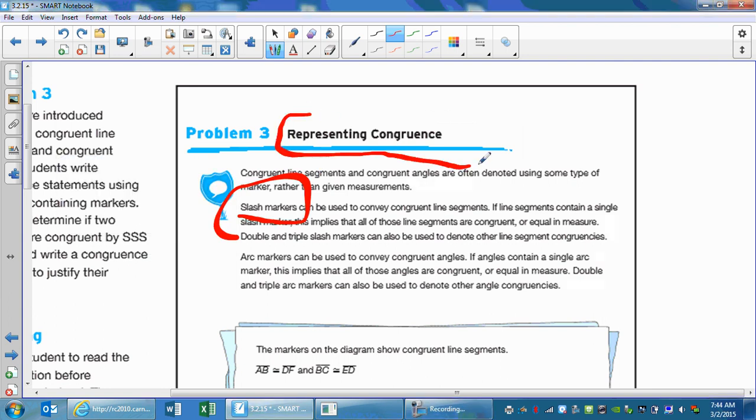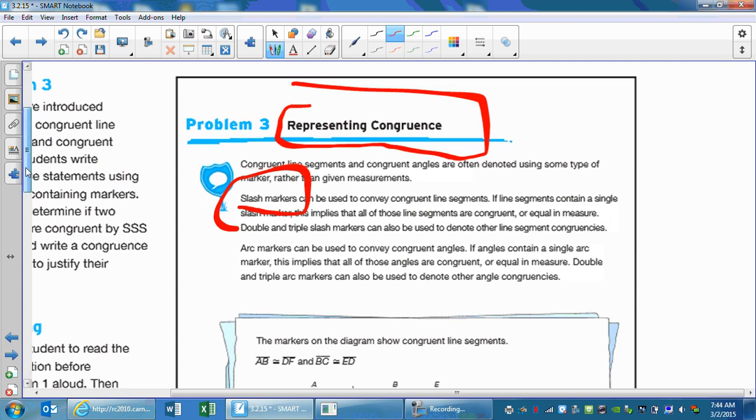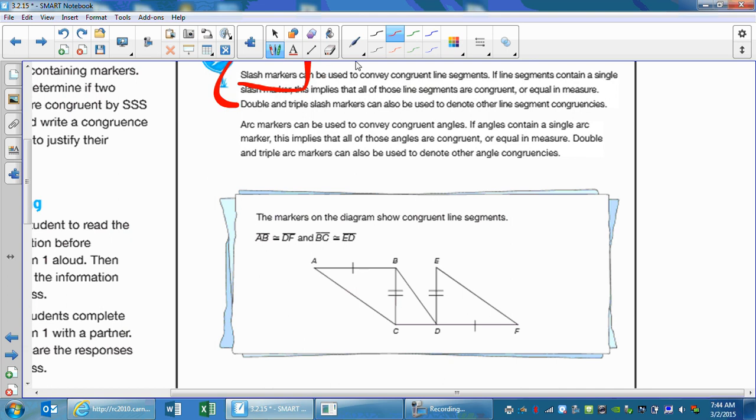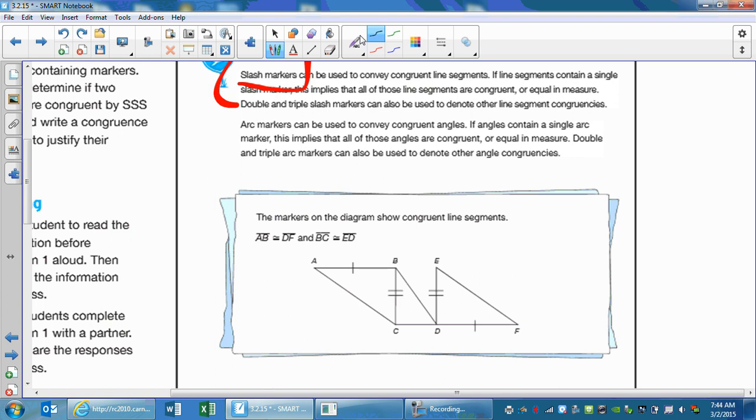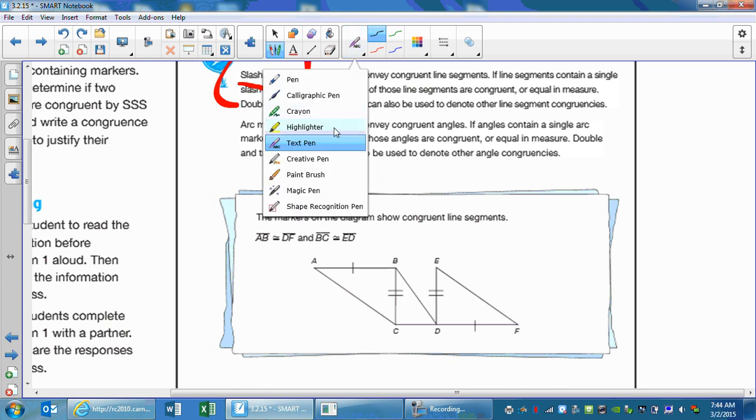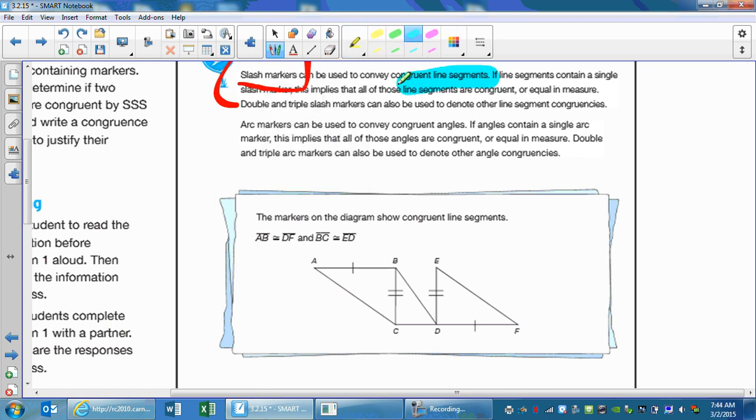This page is all about representing congruence. So slash marks, so down here on this figure, there's slash marks. It's telling you what they mean. They're used to convey congruent lines. So when there's one slash, just like we would have y1 and y2, if there's a single slash and a single slash, those go together.